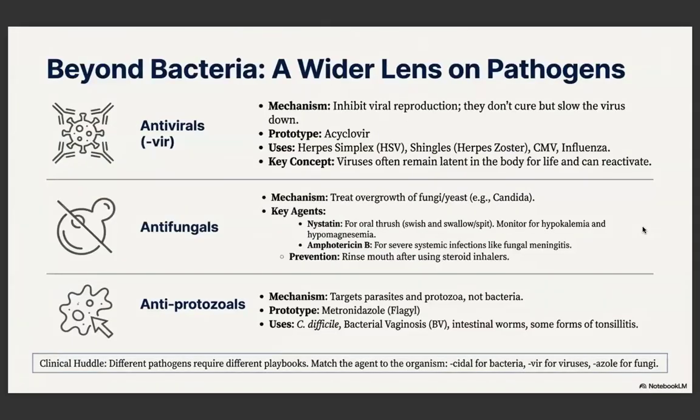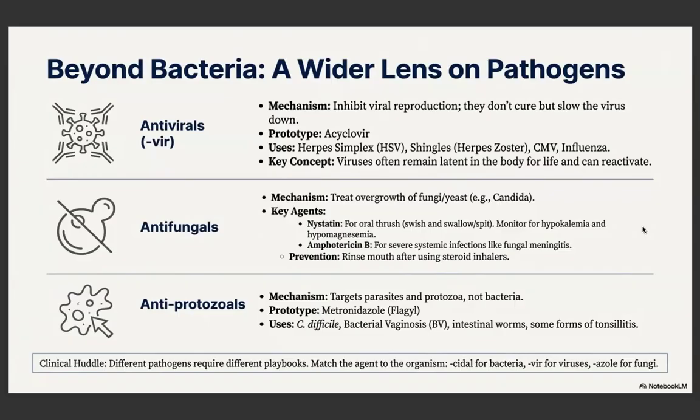And then I wanted to put in this wider lens. Antivirals, I didn't really fully go over them in the other lecture, which is why I also wanted to cover them. I just briefly talked about it. So herpes simplex virus, there's herpes 1 and 2.